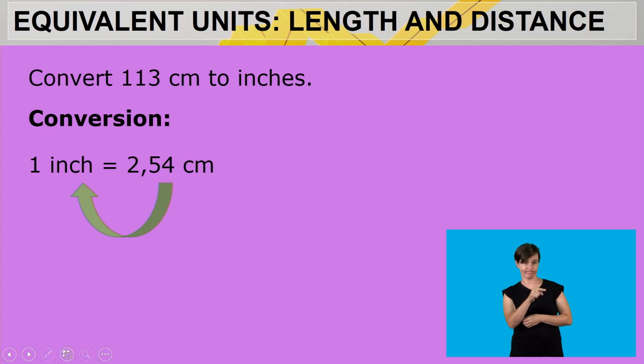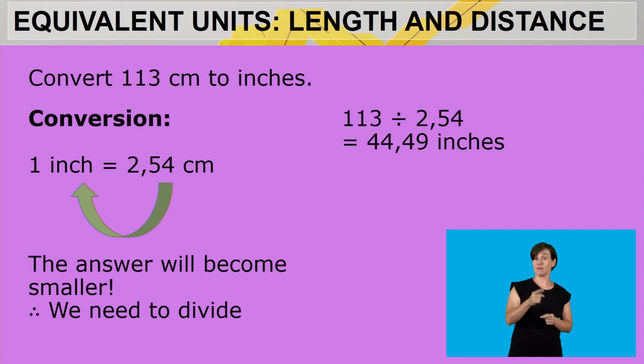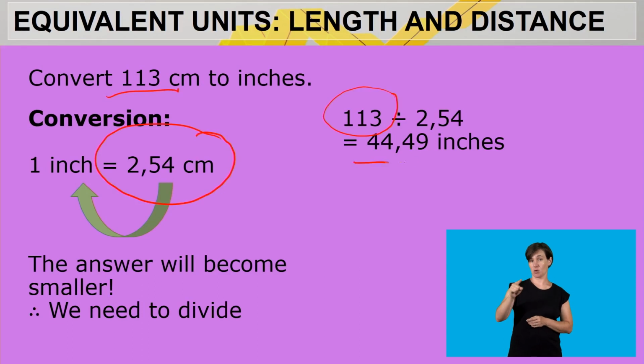We need to go from centimeters to inch, and the conversion factor is 2.54. The answer will become smaller, meaning we need to divide. So we are going to take that 113 that we got from the question, divide by the conversion factor, and then your final answer is 44.49 inches.